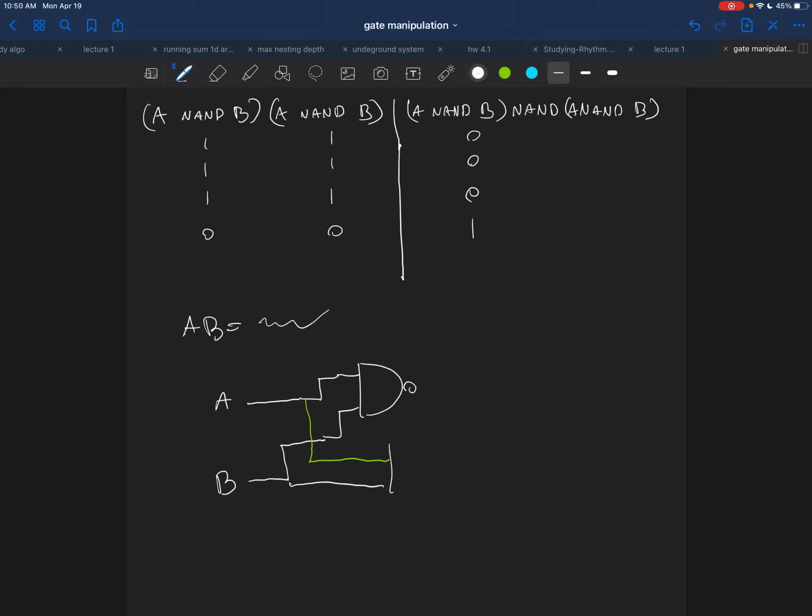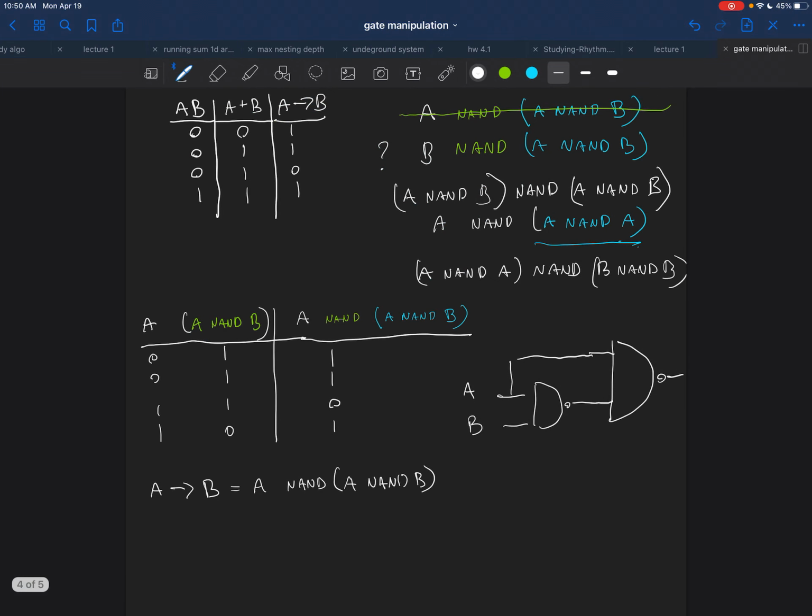And connect another NAND gate of these two, and then connect both of them in a NAND gate. And that's our diagram for only NAND gates to express A and B.